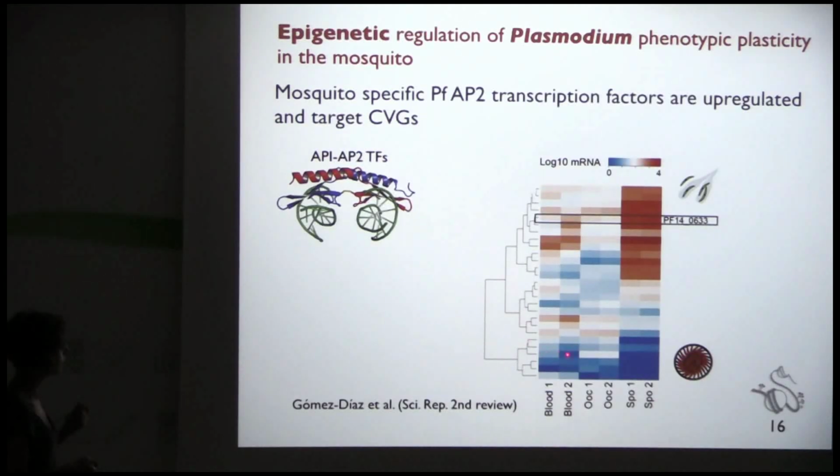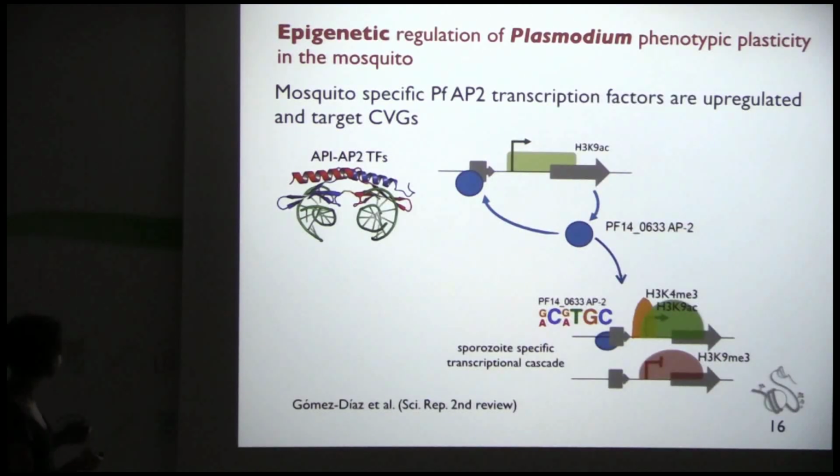And on the contrary, these ones are very highly expressed in the blood, less expressed in the oocyst, and highly expressed in the sporozoite.